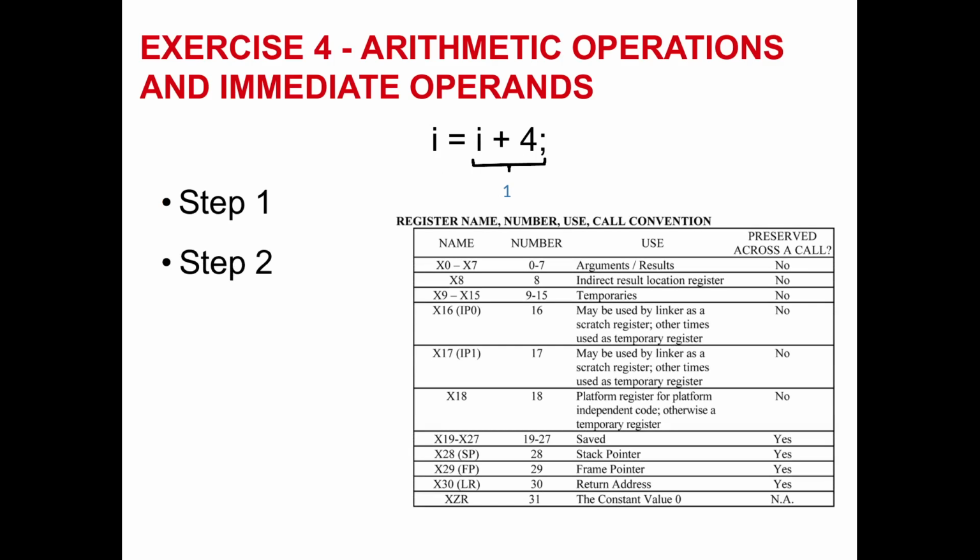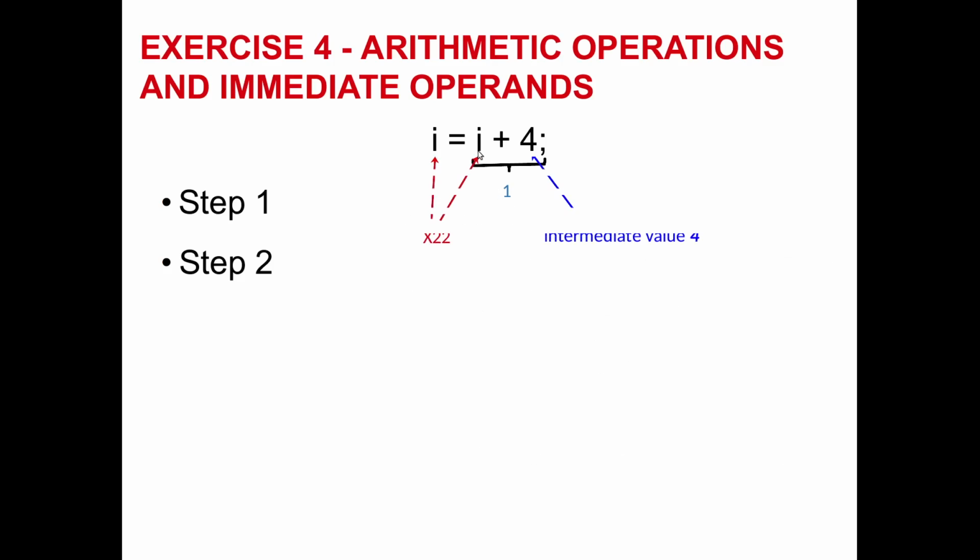In step 2, the same as other exercises, we will use registers from X9 to X15 or X19 to X27 as the register for the value of i. And in this exercise, I decided to use the register X22 to store the value of i, and we will have the immediate value 4 here, which will be extracted from the instruction.